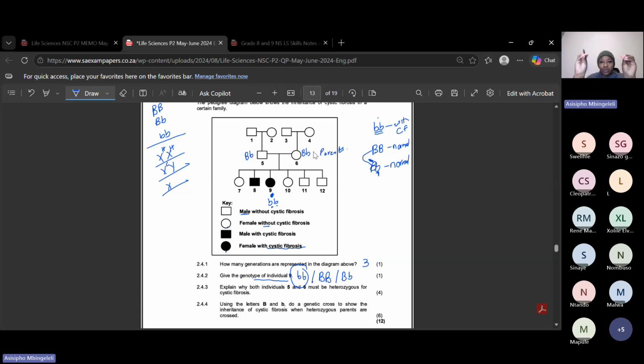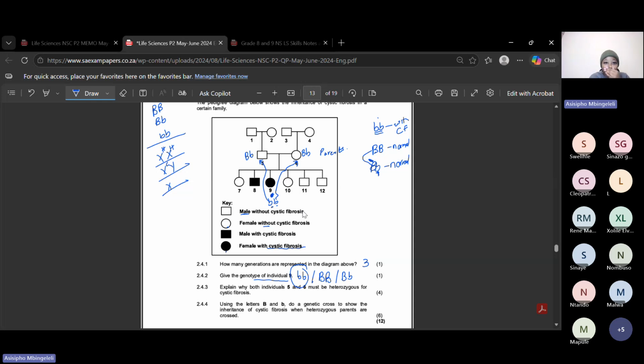Because how do we know this information? We know this information because these two offspring from the parents 5 and 6 have the genetic disorder. What does that mean? That means they have two recessive alleles, small letter b, small letter b. They don't just take these alleles from the atmosphere. They need to be accounted for, and each letter will be accounted for by each parent. This b from one parent and this b from another parent.